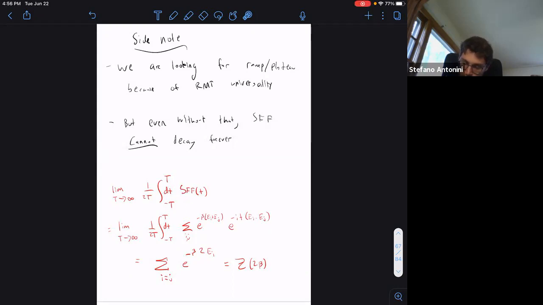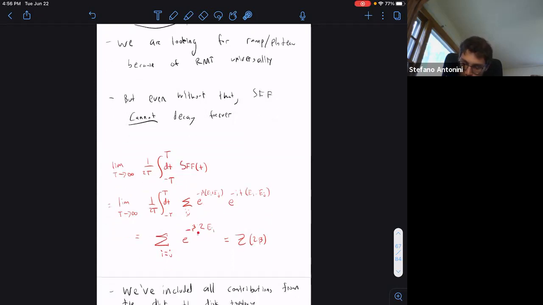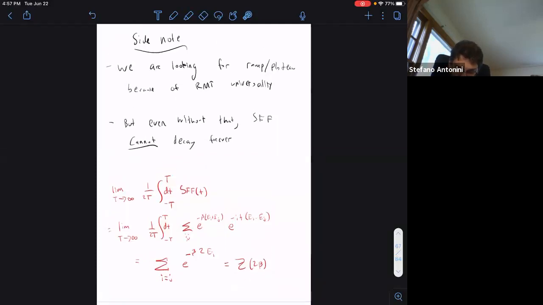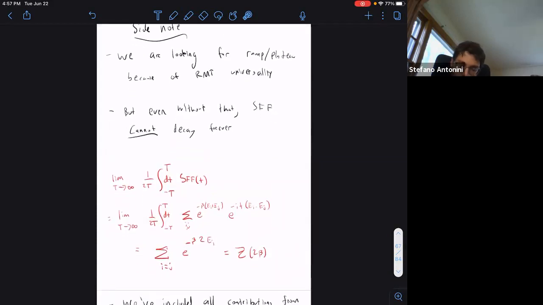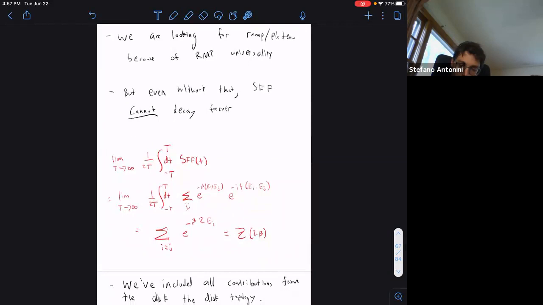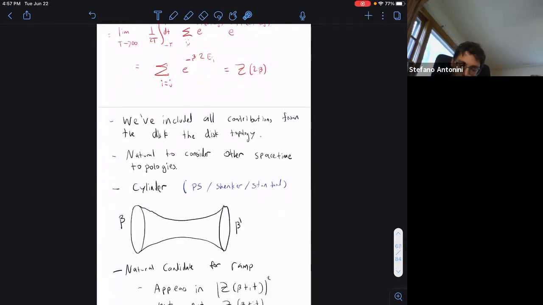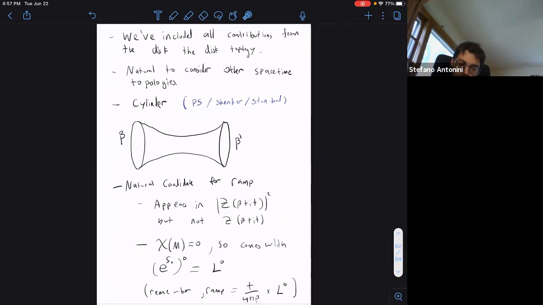But if you write out the spectral form factor as a sum over discrete states and work out the time average, it's exponentially small compared to the spectral form factor. This had a sum over 2 energies. This has a sum over 1. Turns out this restricts the sum over energies from 2 to 1. So you find a small answer, but it's not 0. This is just a side comment to emphasize that even without this random matrix stuff, we'd still be expecting some sort of non-decaying thing in a spectral form factor.